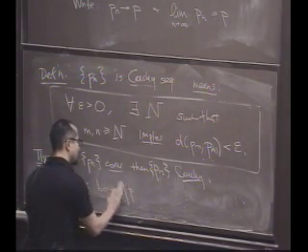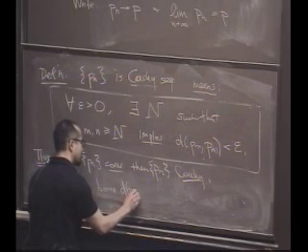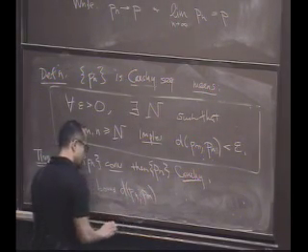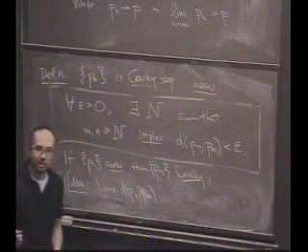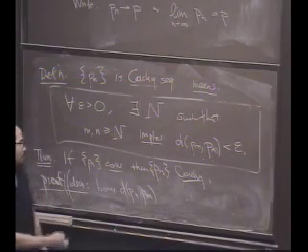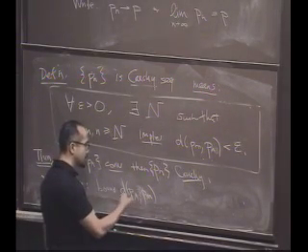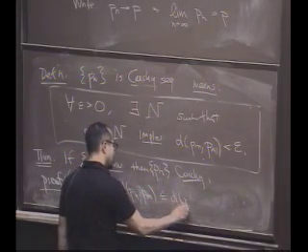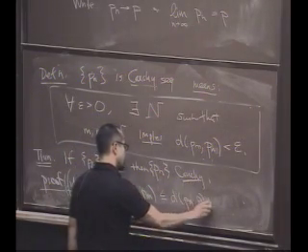The distance from Pn, I better use this arbitrary metric space, to Pm. What do I know is small? Pn to P and Pm to P. Well, can you relate those distances to this one? Triangle inequality strikes again.